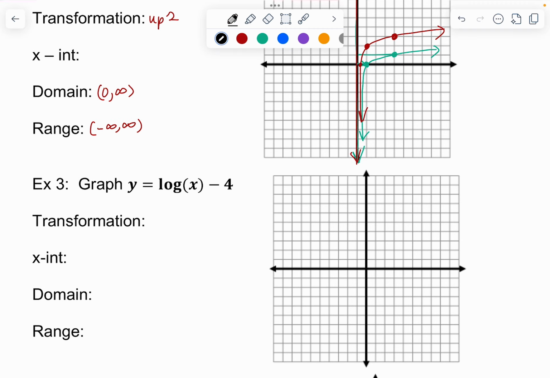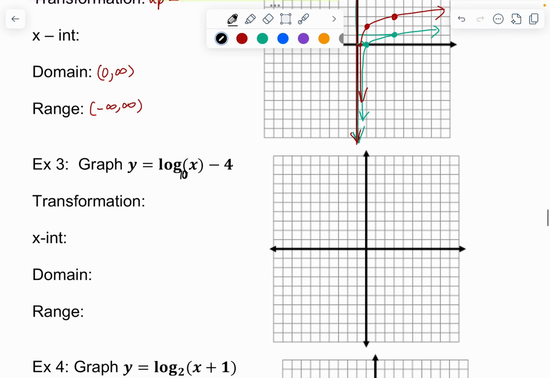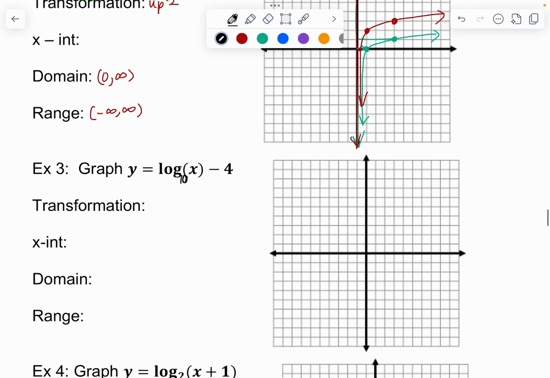Here we're back to log base 10. Remember, if there's no subscript, your base is 10. So I would have my vertical asymptote, let me use green, at x equals 0, just like we graphed above, 1 away, and then my next good point will be 10 away. Yes.